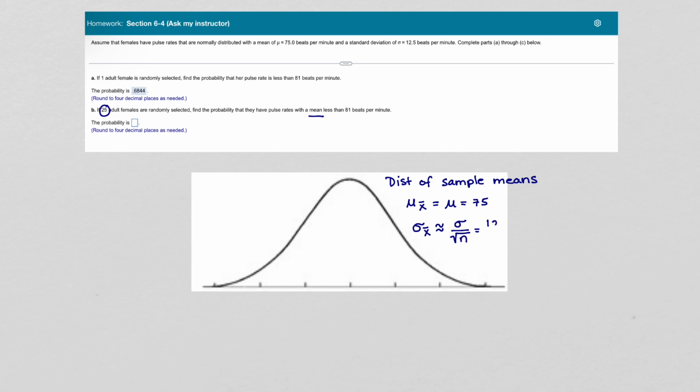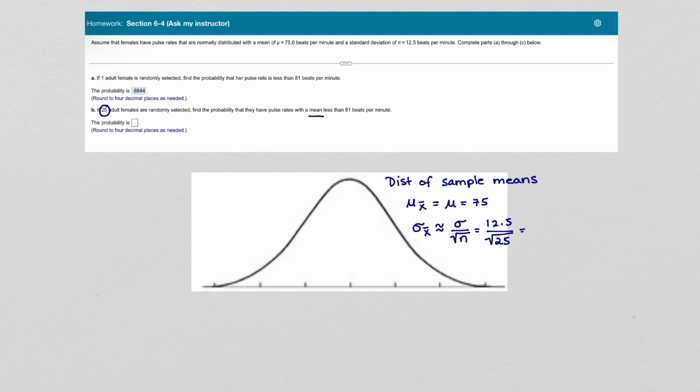So our original standard deviation was 12.5. We're dividing by the square root of 25, and you can type it into the calculator just like that, which is especially useful when the sample size is not a perfect square.